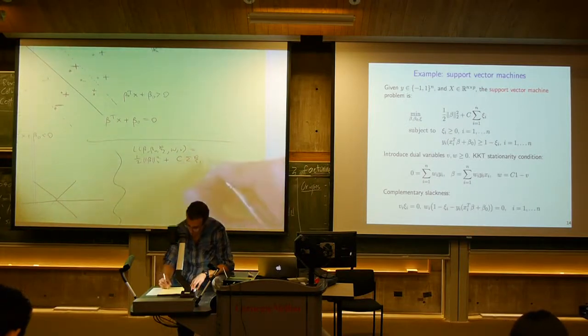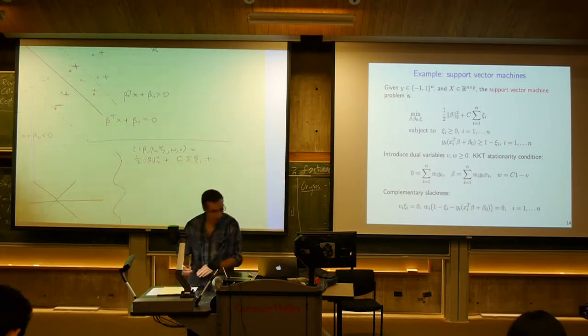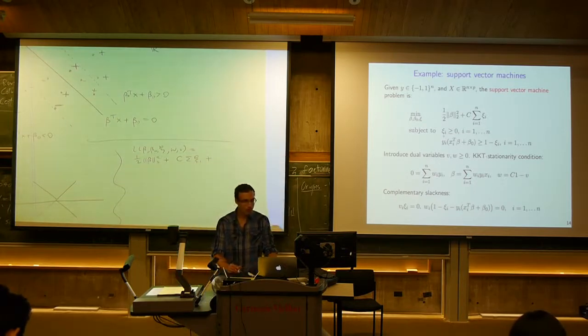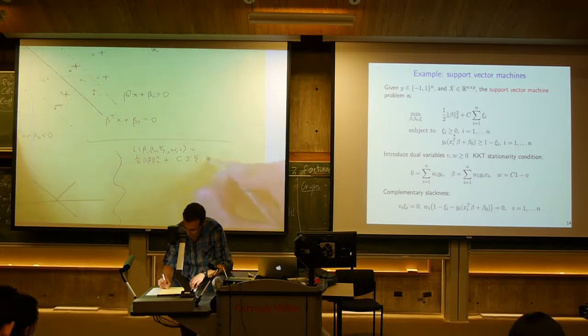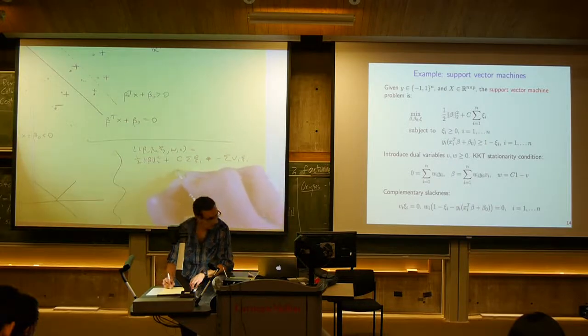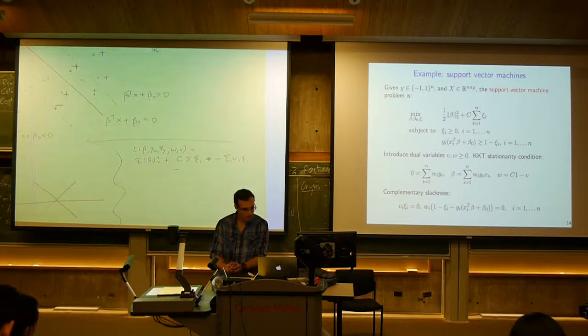And adding the dual variable times the constraint. So here I'm going to flip the sign of these. So I'll do minus the sum of v_i psi_i, and then minus, actually I don't think I need to flip the sign here.